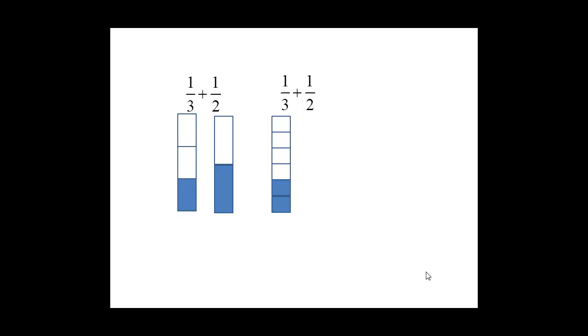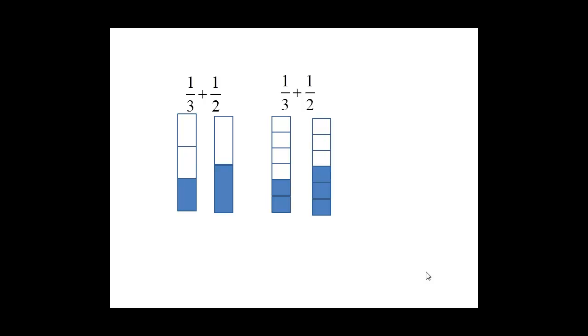We could do this to the 1/3 picture. We could break it up into 6 parts and say that we have 2 of them. Do you see how 2 pieces out of 6 is the same amount as 1 piece out of 3? We can do the same thing with 1/2.